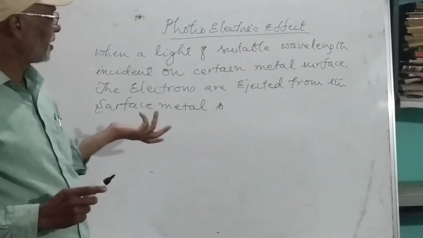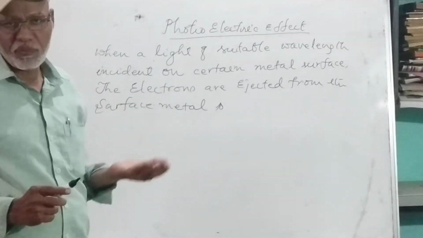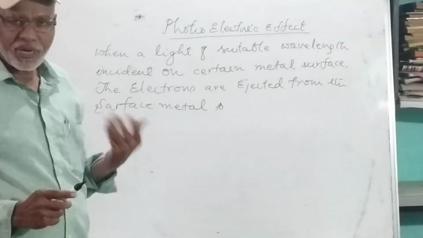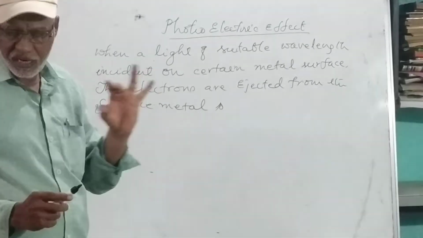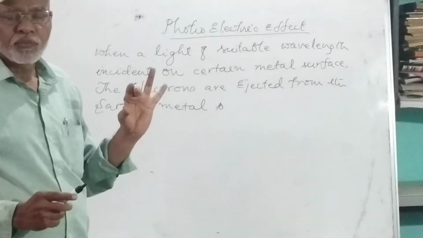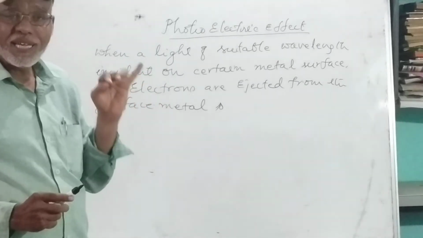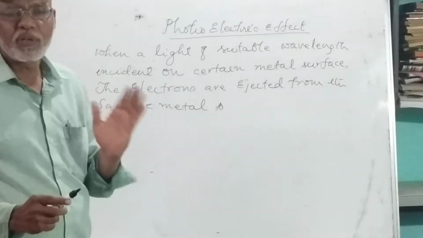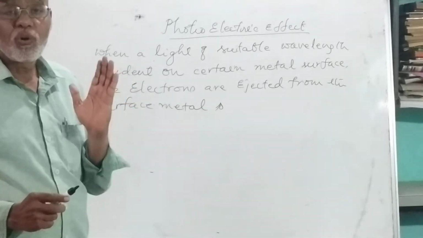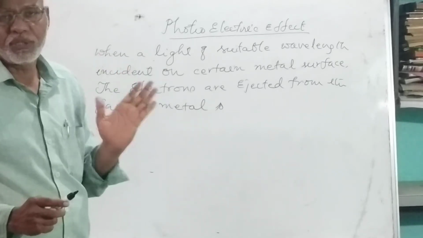For example, all alkali metals, say sodium, potassium, cesium, rubidium, are alkali metal families. For these metals, you have to use only visible light in order to observe photoelectric emission.